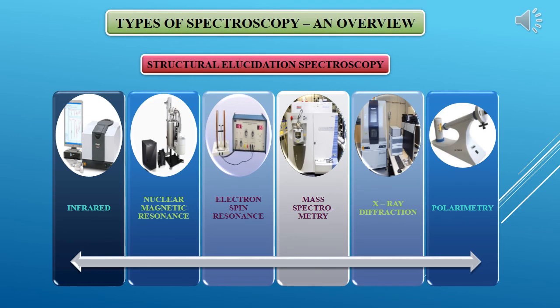And observe the spectrophotometers for structural elucidation spectroscopy. First one is infrared, then NMR, then ESR, then mass spectrometry, then X-ray diffraction spectrometer, then polarimeter. So these are the instruments used for various spectroscopic analyses in industry or in pharmaceutical laboratories.